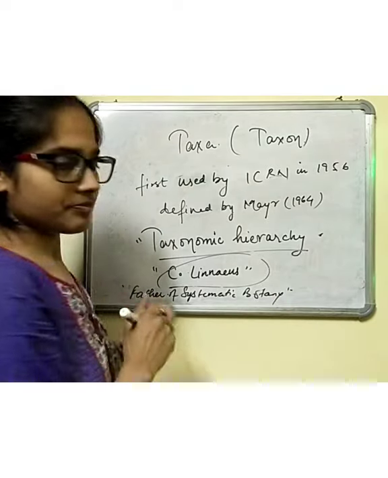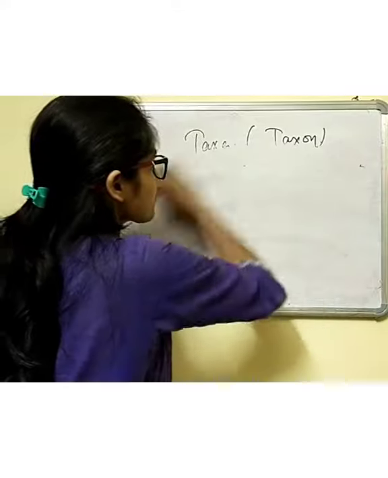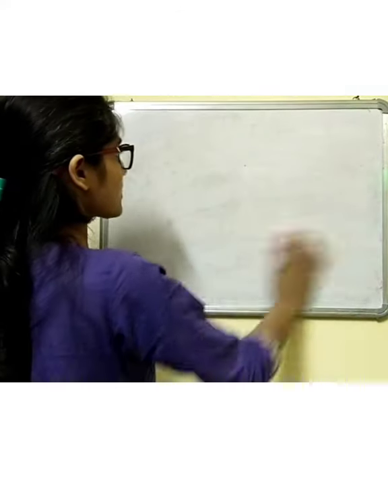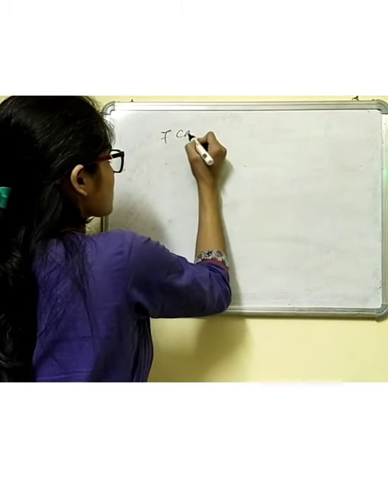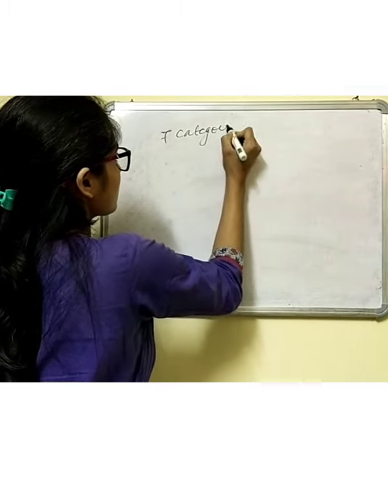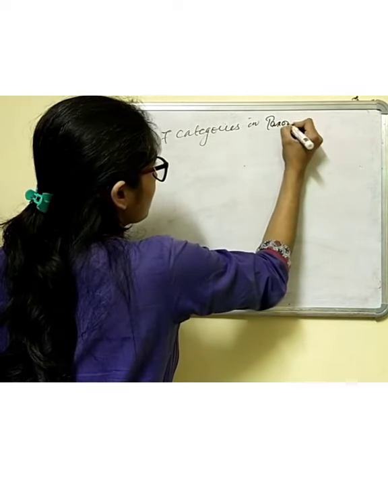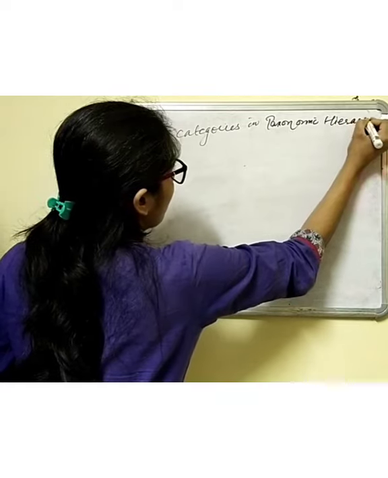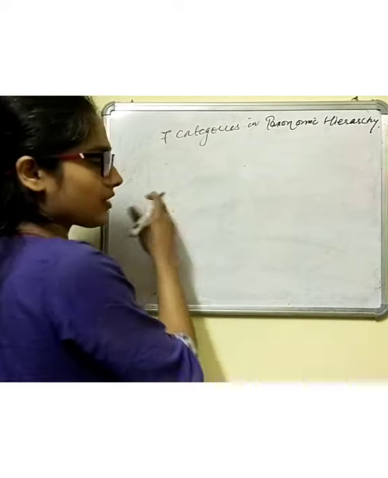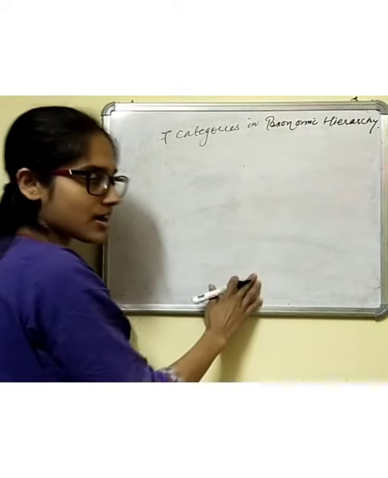This taxonomic hierarchy proposed by Carolus Linnaeus includes 7 categories, in descending order, starting from the lowest taxa to the highest taxa.